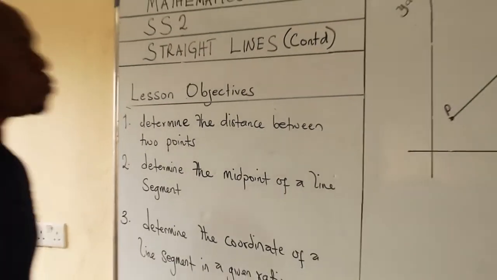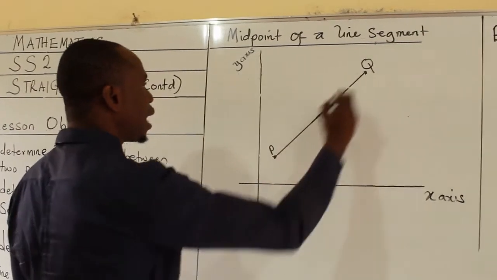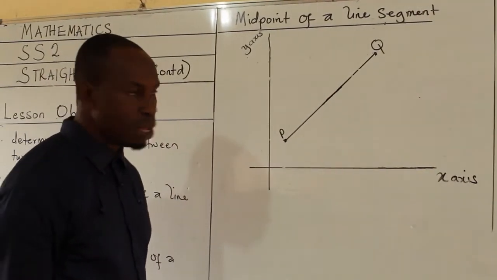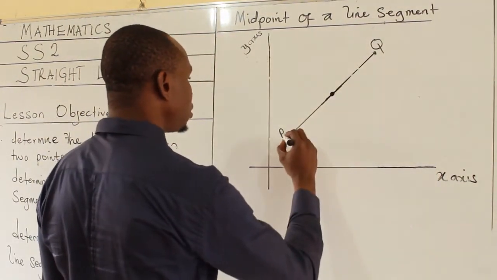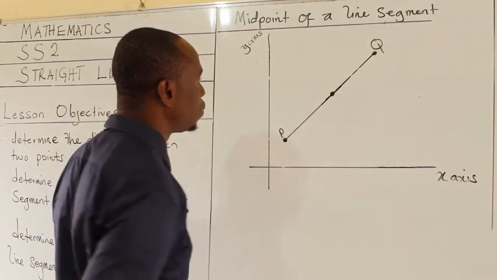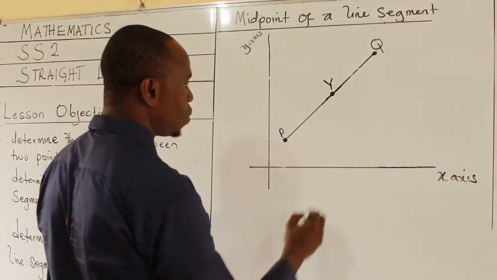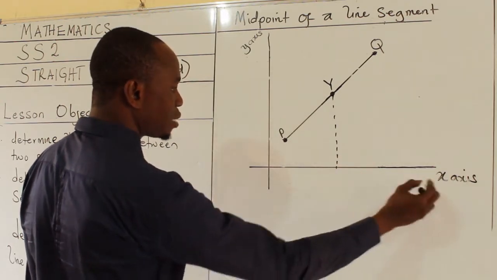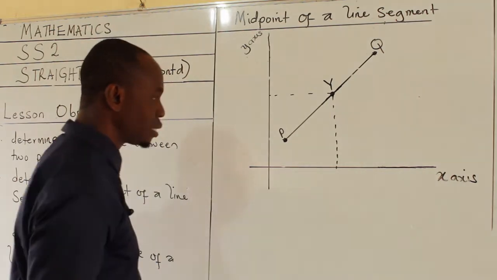So we have our improvised graph here, which has a line segment of P and Q. You can agree with me that there will certainly be a point here which is the midpoint of P and Q. That midpoint, let's label as Y, will have its coordinates on the x-axis and its coordinates on the y-axis.